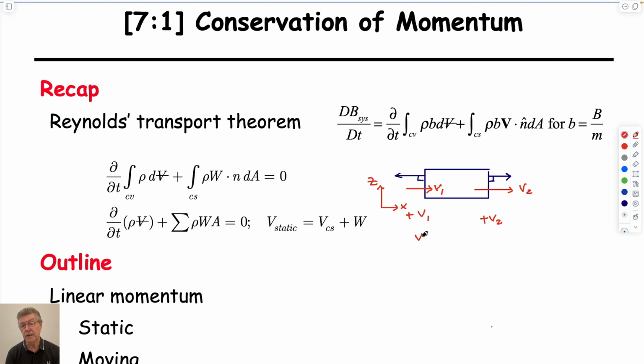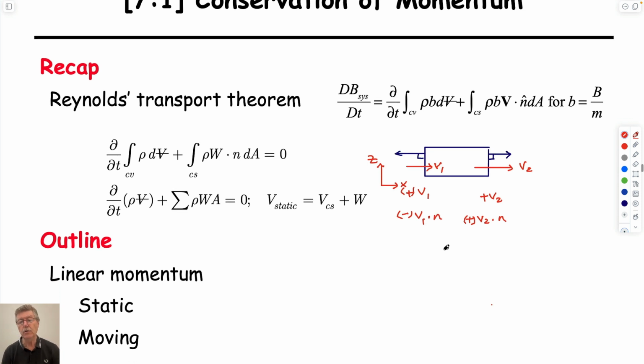The dot product of these, V1 dot n, would be negative because it's going in the opposite direction to the unit normal. The dot product is cosine 180 degrees. And this one here would be V2 dot n. This would be positive because it's arranged in the direction of this.